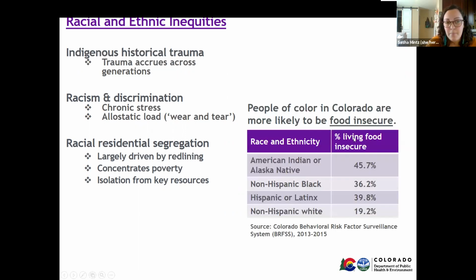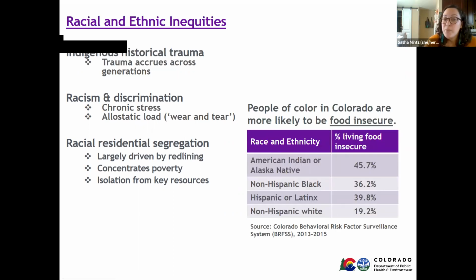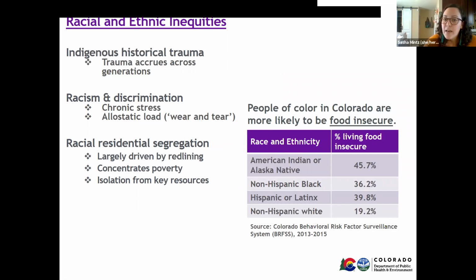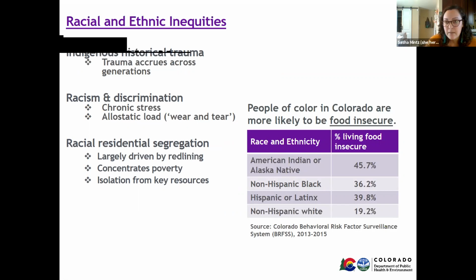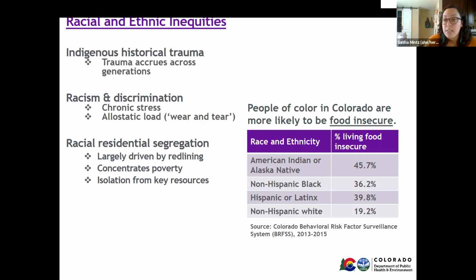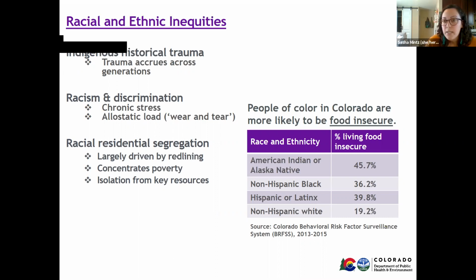As just one example, the Colorado Behavioral Risk Factor Surveillance System, or BRFSS, shows that 45.7% of American Indian or Alaska Native, 39.8% of Hispanic, and 36.2% of Black Coloradans are food insecure, meaning that they lack reliable access to affordable, nutritious, and possibly culturally traditional food, compared to 19.2% of non-Hispanic white Coloradans.